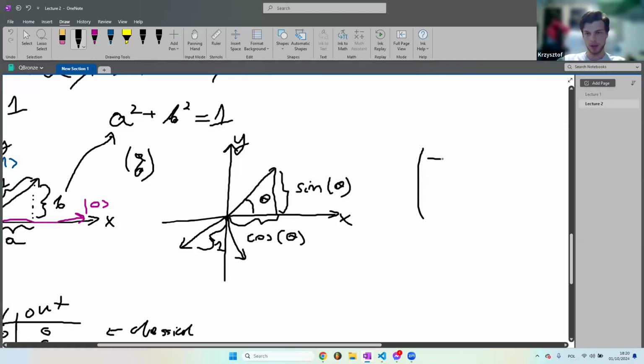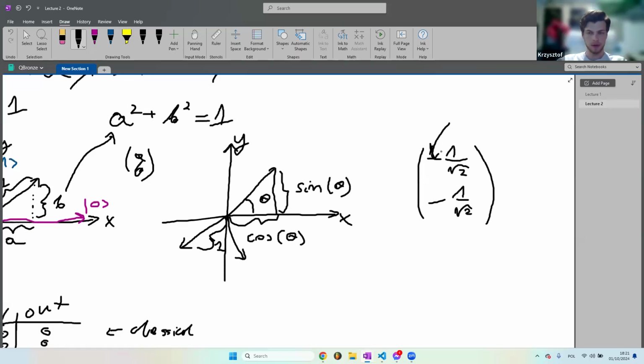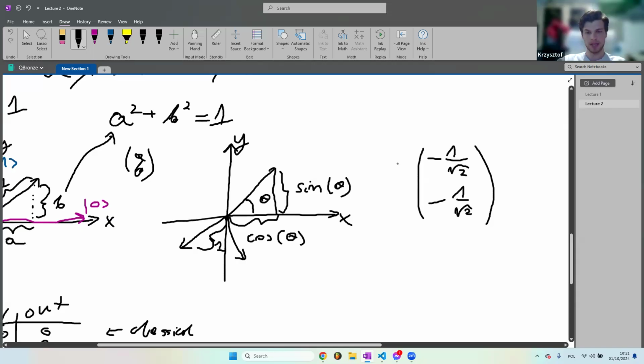The qubit can also have a value of negative 1/square root of 2, and this is called the phase. I will talk about phase a little later when we talk about the Z gate. But in general, those A and B can be any real and also complex values.